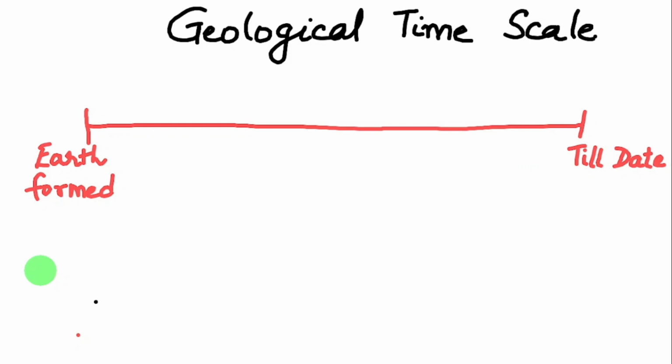So when did this happen? Earth was formed 4,500 million years ago. This capital M indicates million years. 4,000 million years ago, the life forms appeared. They were just primitive organisms, anaerobic and photosynthetic bacteria, and they could survive without oxygen.